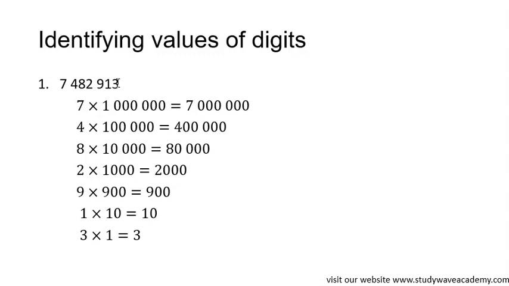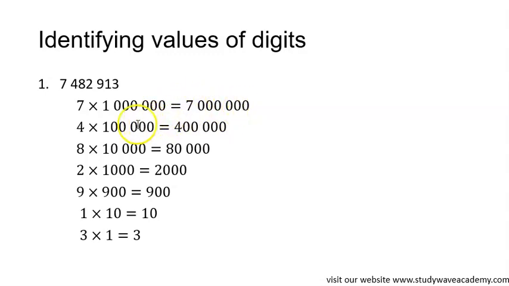So what is the value of 7? The digit 7 is in the million place, right? So the value is 7 times 1 million, which will give you 7 million. So the value of 7 is 7 million.